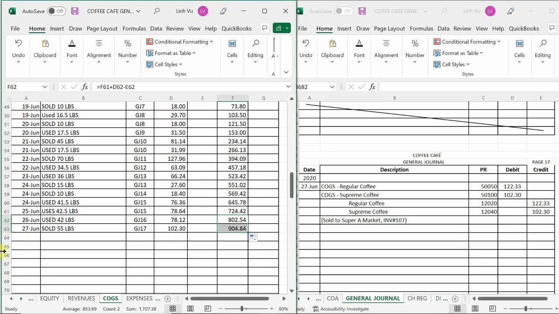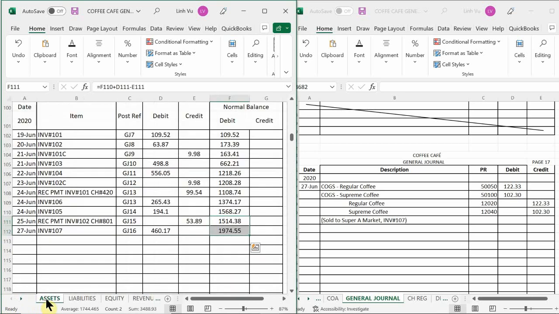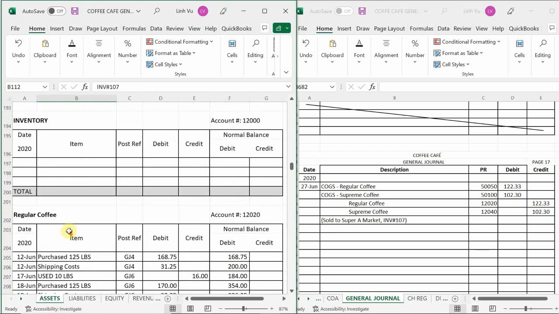And then we go to the assets side. And then we update their inventory there.